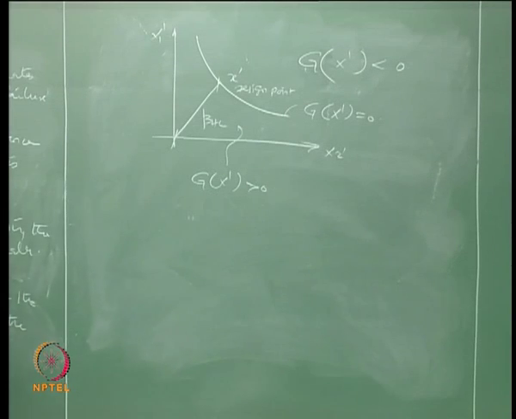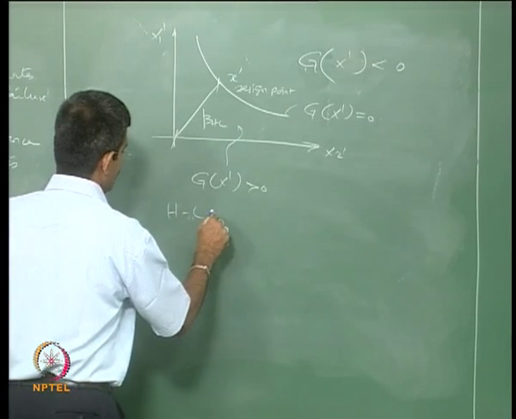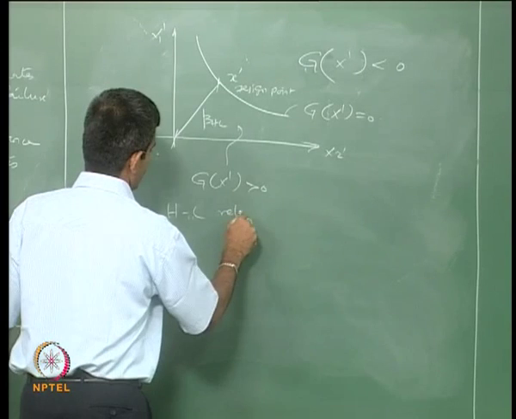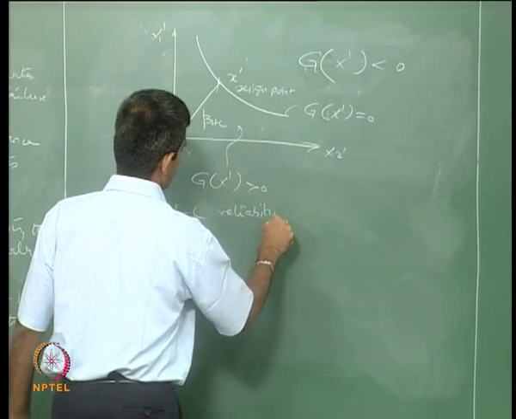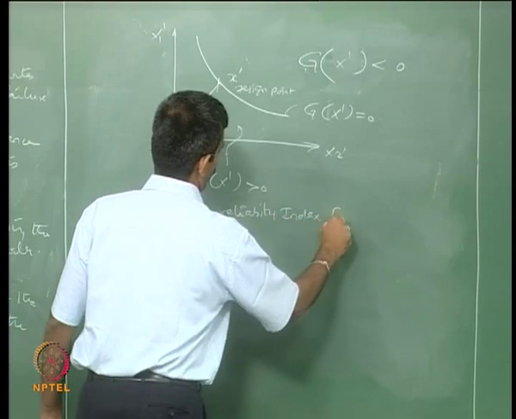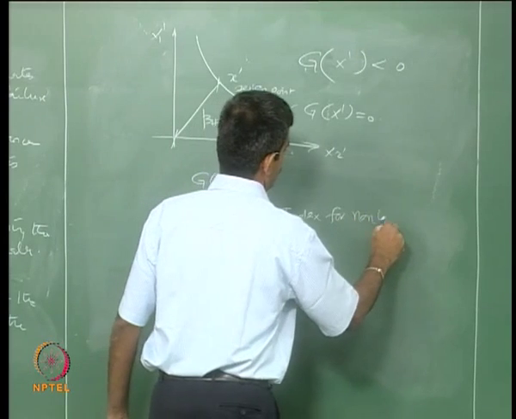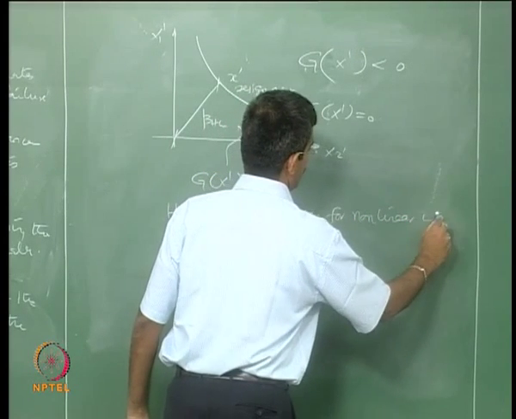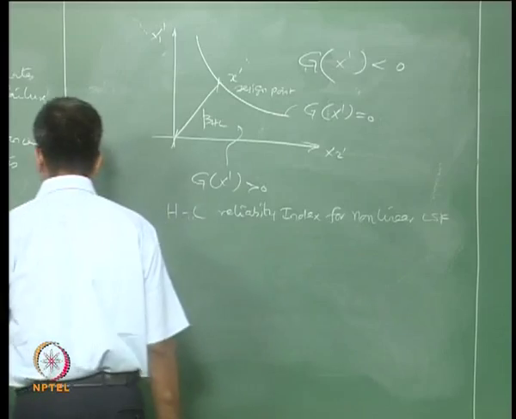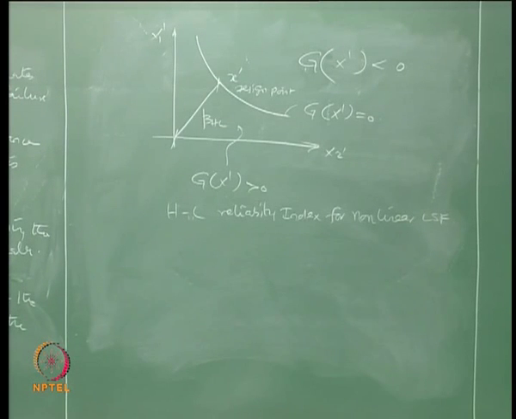So, this is the Hasofer-Lind reliability index for a nonlinear limit state function.